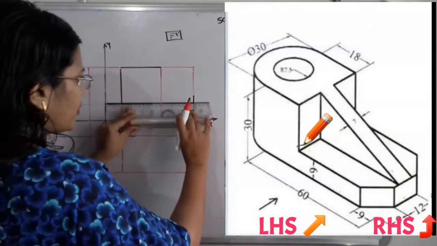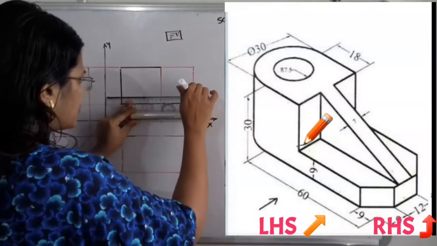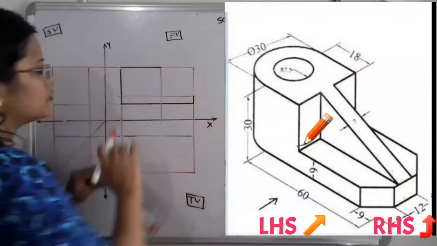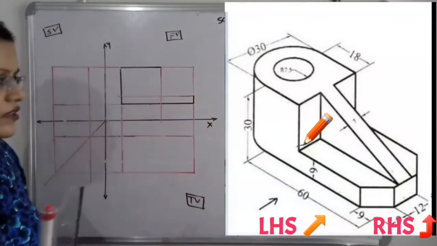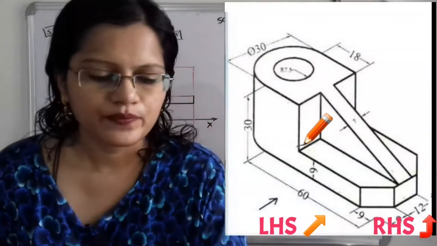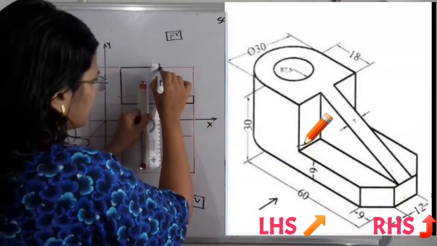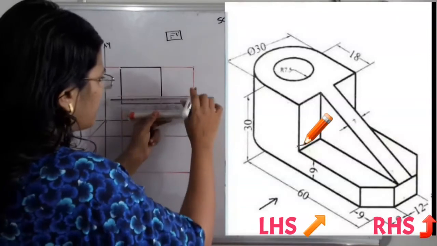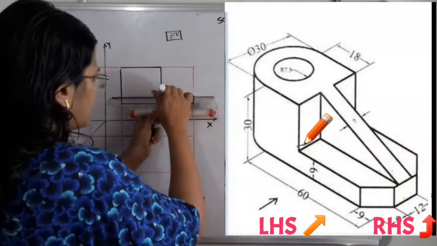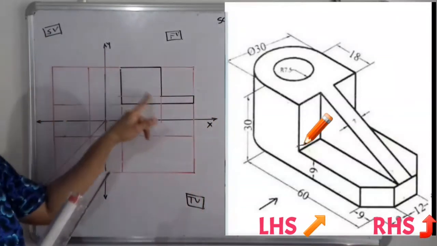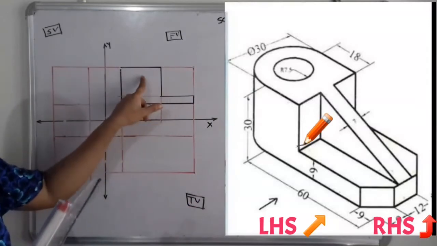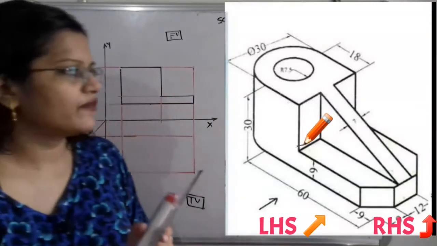From this point we will use here the projection in the horizontal direction. So here is the corner. Now up to this point of intersection there is the construction. So we have to show it with the help of the dark marker. So this is the construction which we can clearly observe from the front.